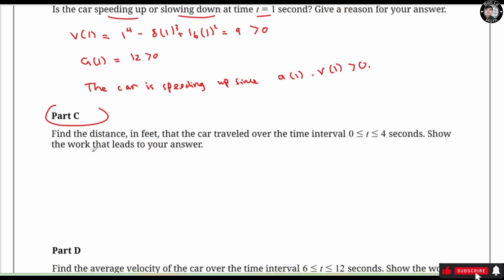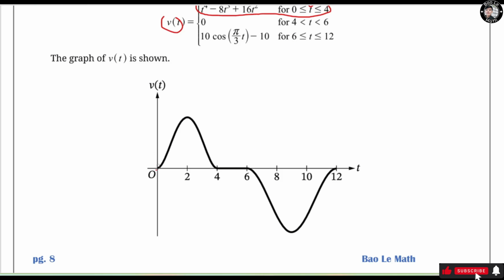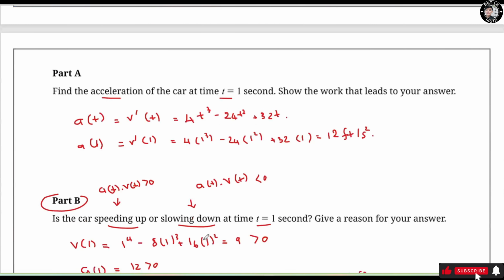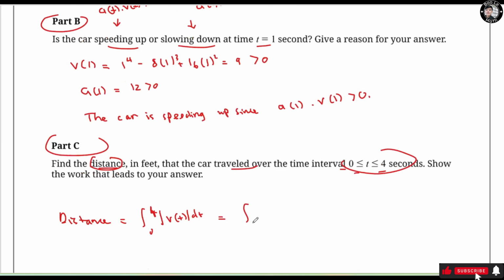Now question C. Find the distance in feet that the car travels over the time interval 0 to 4. Alright, so the distance is the integral of the absolute value of v(t) from 0 to 4. So from 0 to 4, we look at this function right here. v(t) is above the axis, so it's going to be positive. So we can remove the absolute value without changing anything.